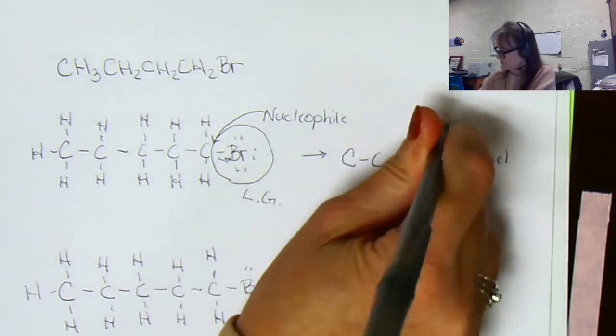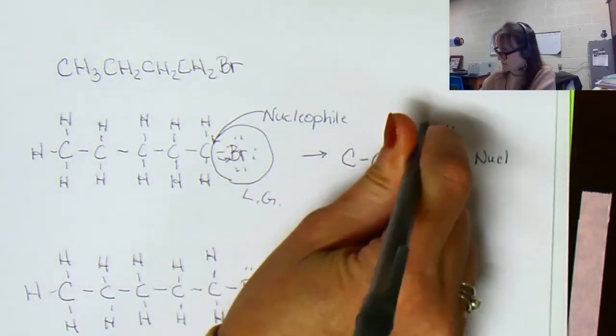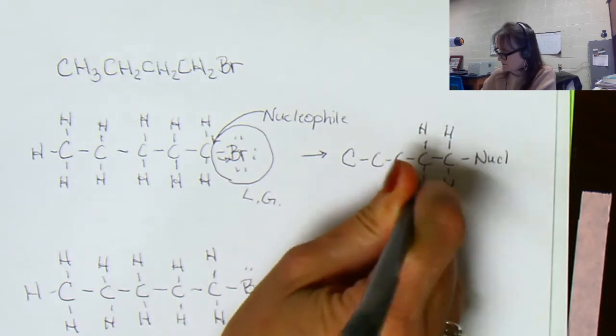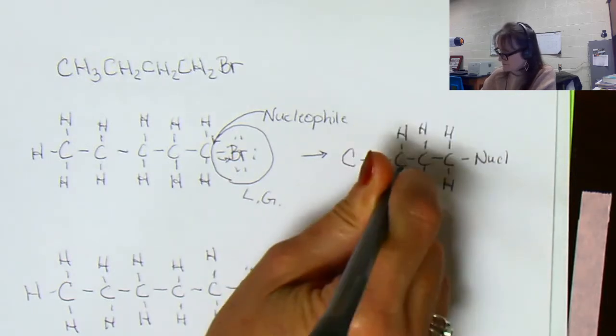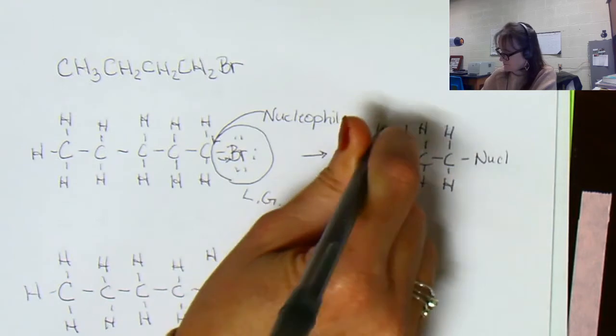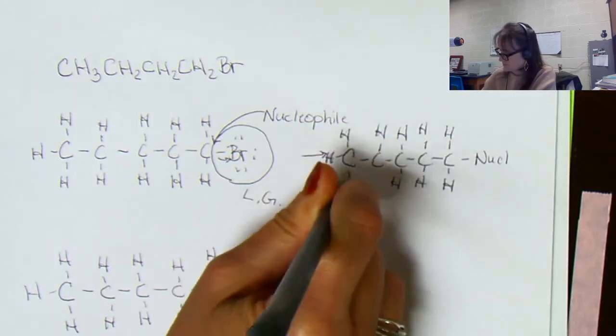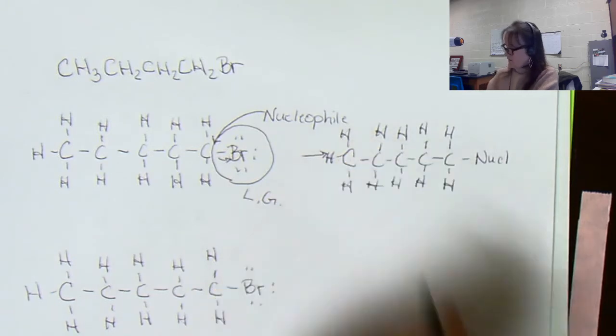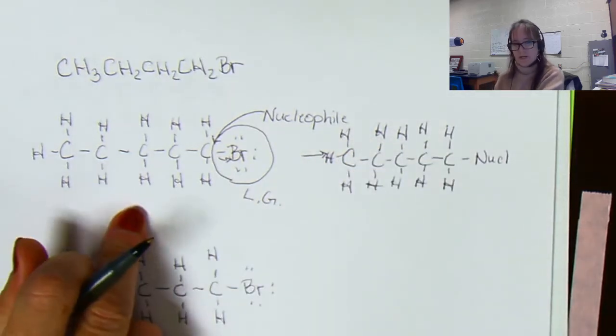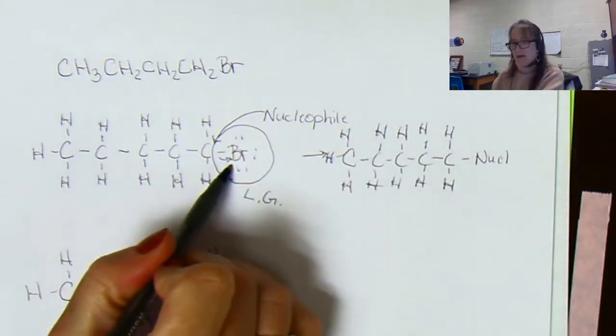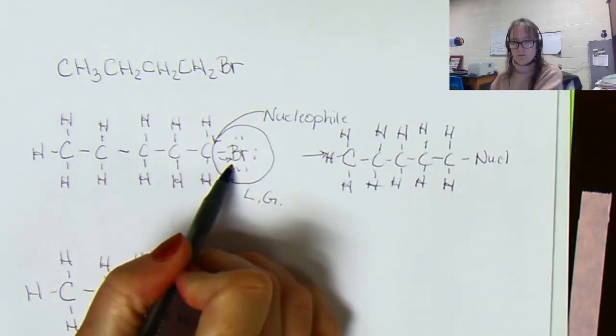Everything else will still be present. This is the substitution reaction. A nucleophile has substituted for bromine, which is the leaving group.